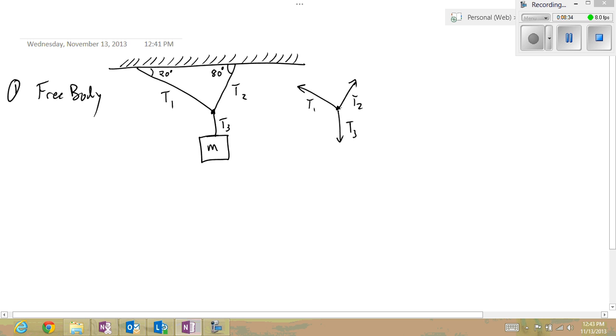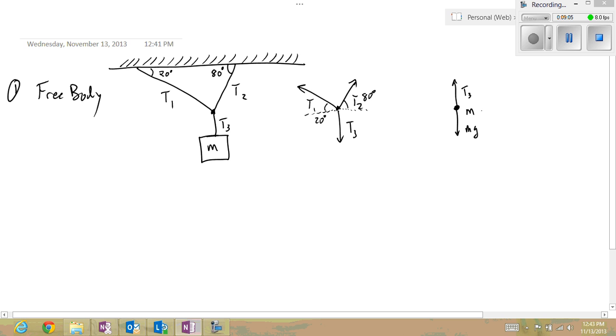So this angle must be 80 degrees, and this angle must be 20 degrees. I got both of those angles from the geometry of the actual diagram as presented. I also have the free body for mass M. Here, again, like we've done before, tension 3 points upward and mg points downward.